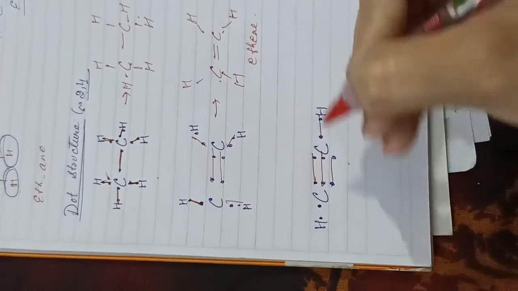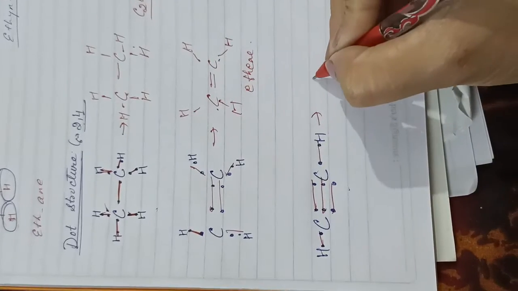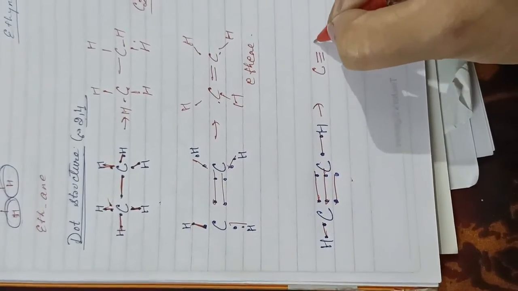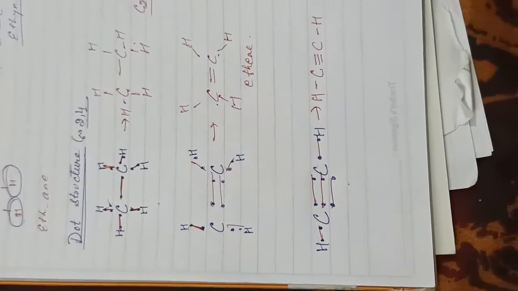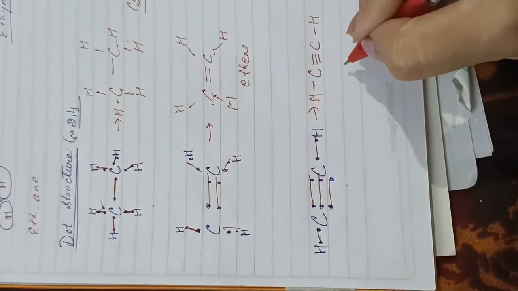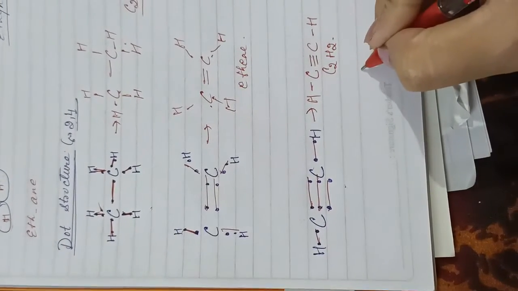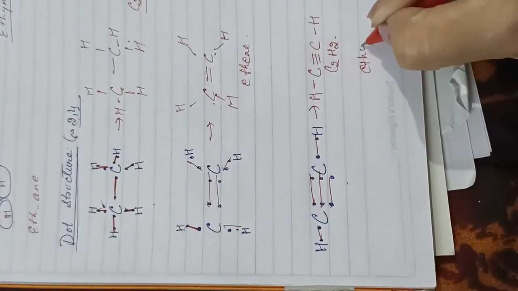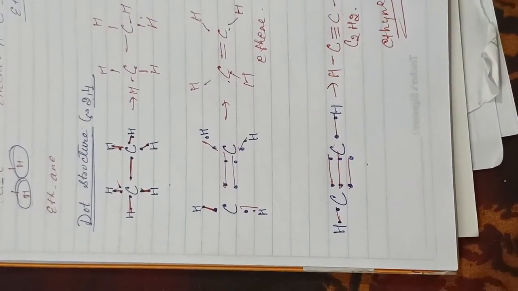This dot will join with this. And we can write it as C triple bond C, H and H. So this is C2H2 and we can say ethyne. Understood, students? It is said to be ethyne.